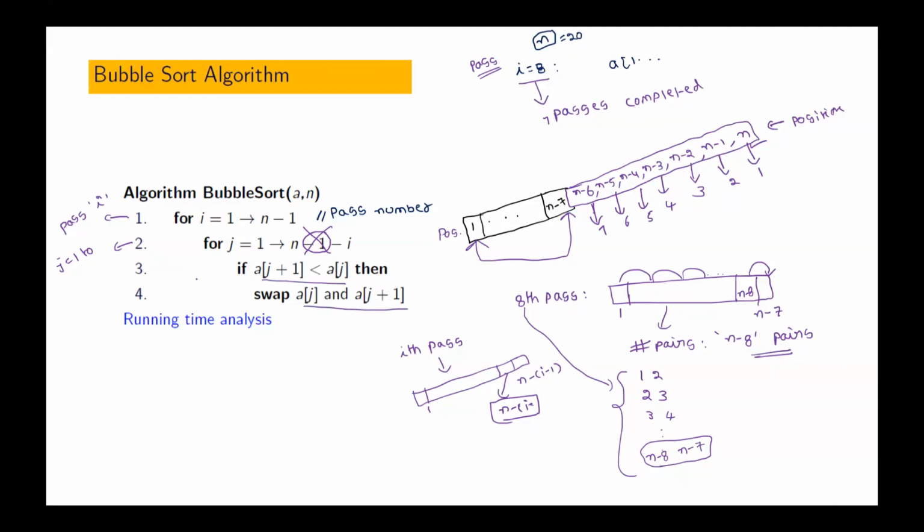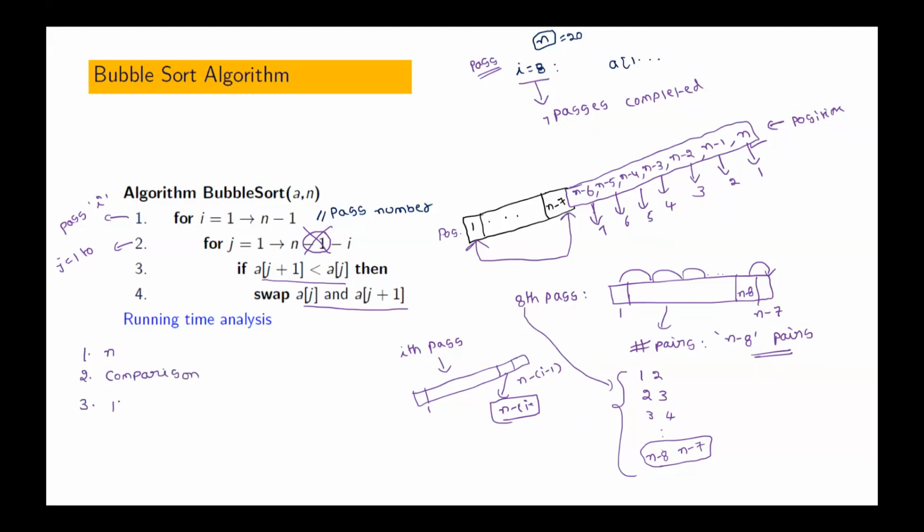Now you tell me, what is the running time of this algorithm? What is the input size? Is it n or not? Yes, sir, input size is n. What is the most important operation here? Comparison.